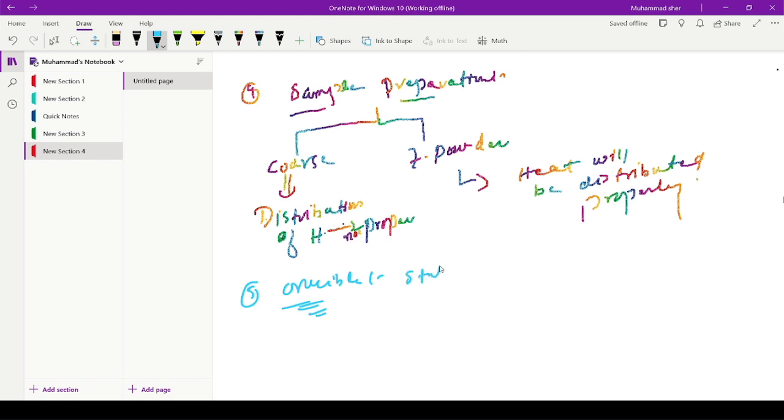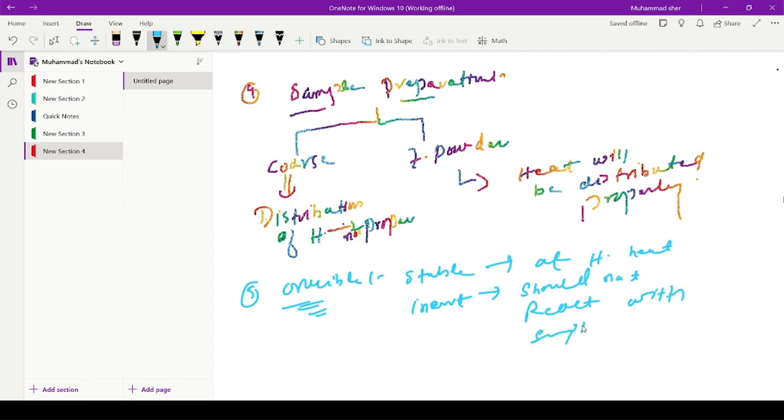It should be stable at high heat, and also it should be inert, and should not react with our sample. So this was all about the factors that affect the thermogravimetric analysis.